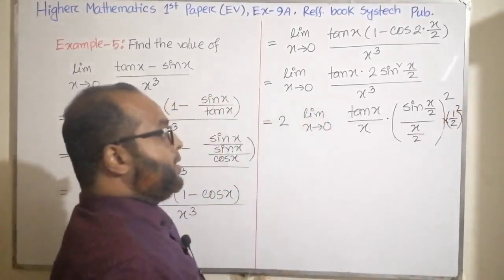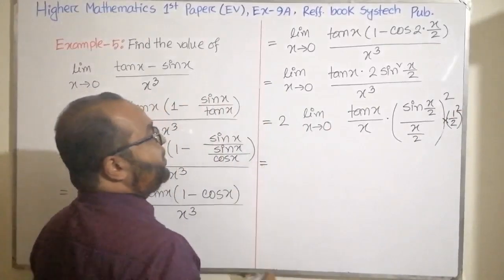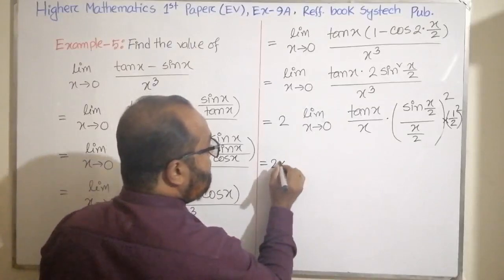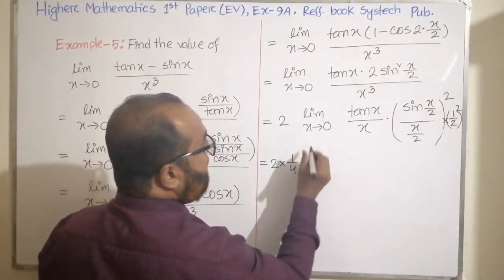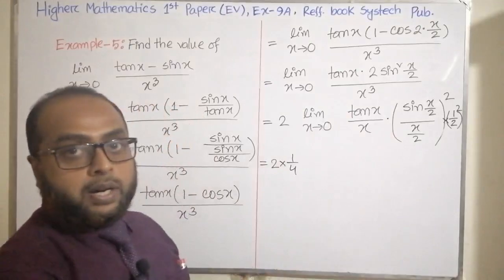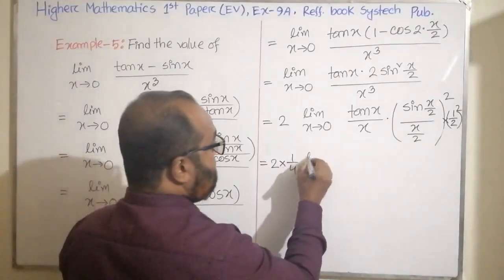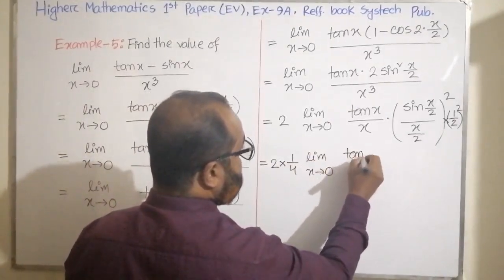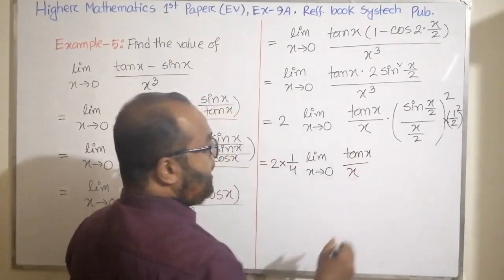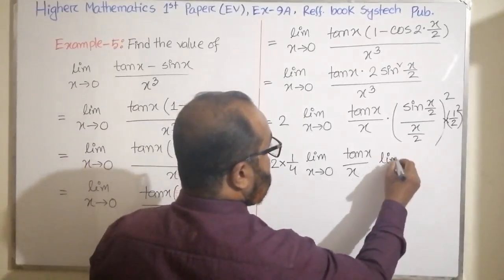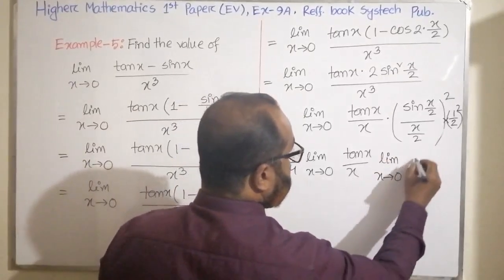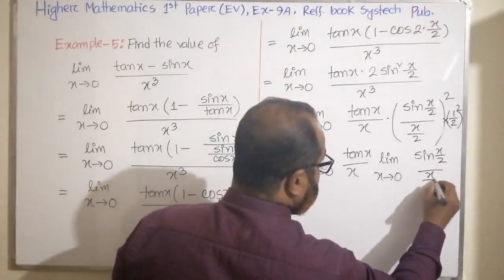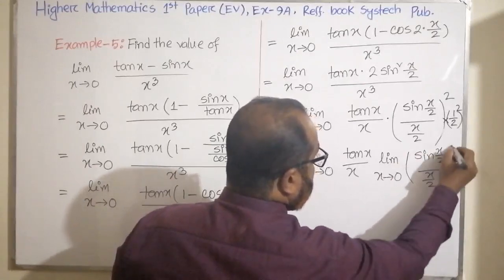This equals, now 1 by 2 square comes in the front, 2 into 1 by 4, and we can separately write the limit. Limit x tends to 0 tan x divided by x, and also limit x tends to 0 sin x by 2 divided by x by 2 whole square.